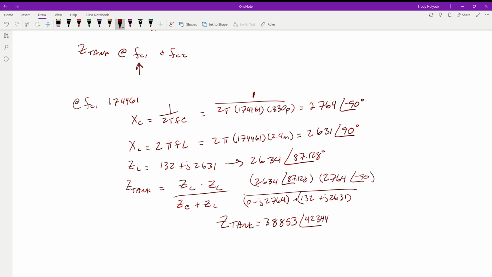And that's what we want to see, the impedance of our tank at around 45 degrees when we're at our -3 dB point, which is our critical frequencies. We could continue to go on and solve this down to find the voltage drop across them, and then we have our max voltage, min voltages, things like that, and then we can put them in and we will see that -3 dB. But right now we don't need to go into that because we have done it a bunch of times.